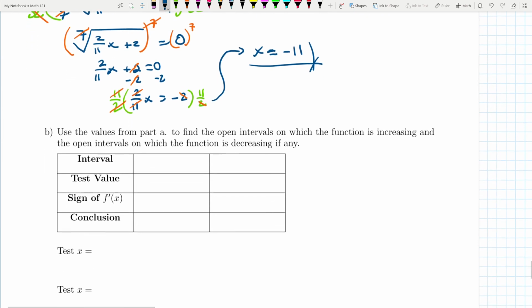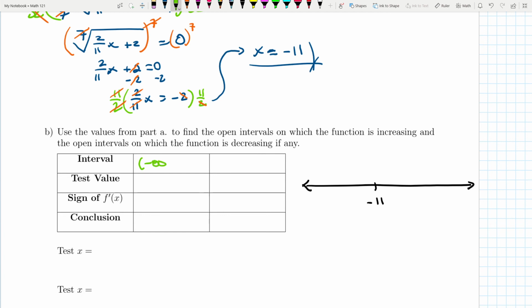Let's write down the usual number line and mark down our critical number, negative 11. Notice we're going to have 2 intervals to test. No need to label those, but we need to describe them using interval notation.